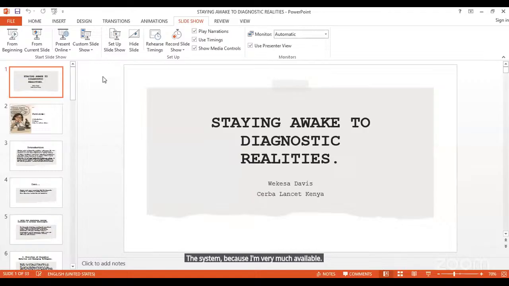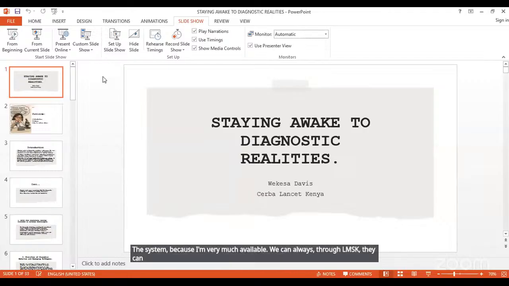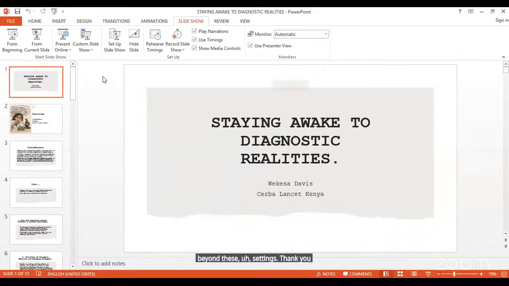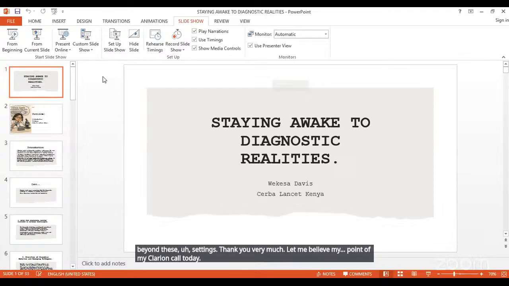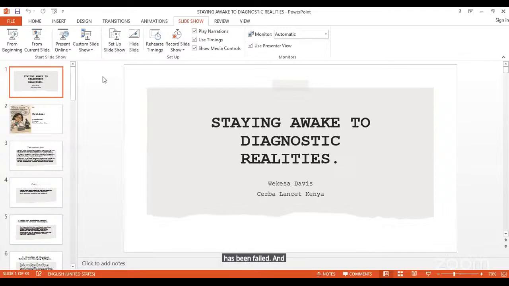Through LMSK, they can share my contact or email so that we can have a discussion beyond these settings. Let me believe my clarion call today has been felt, and that I've spoken to a modern self-aware lab technologist. If you are not that person, kindly purpose to be that person. Thank you very much.